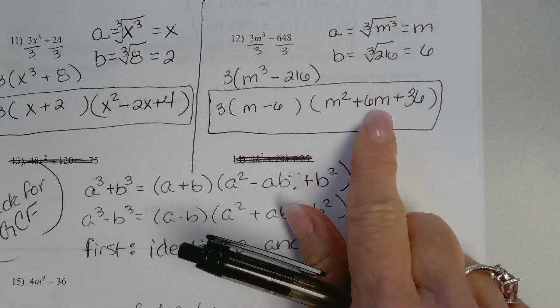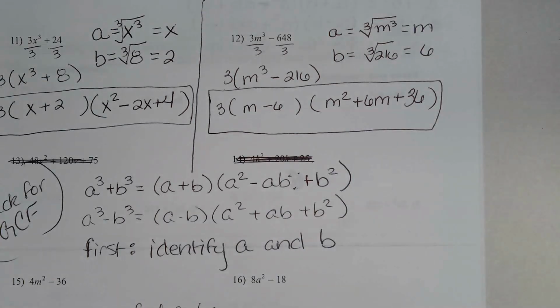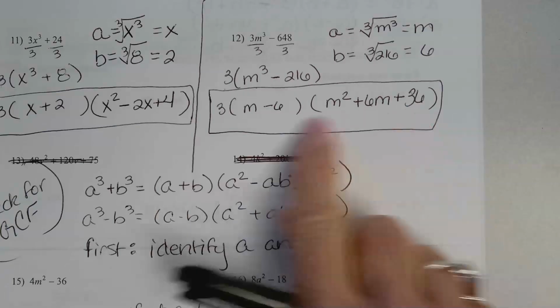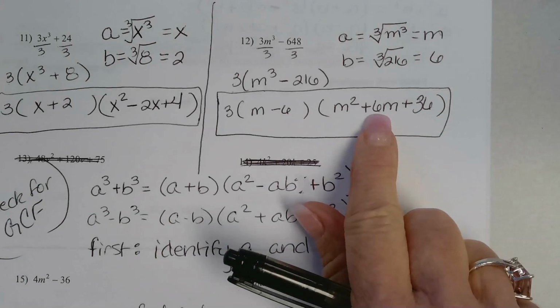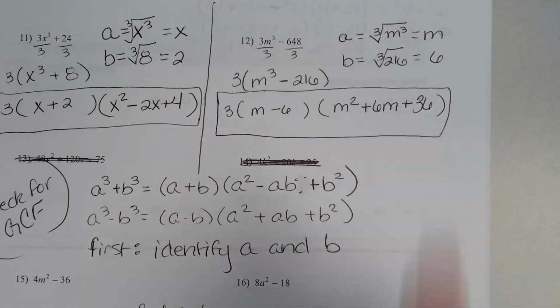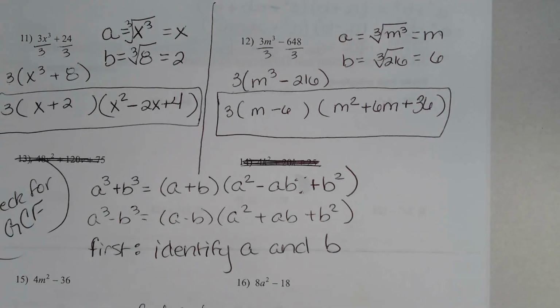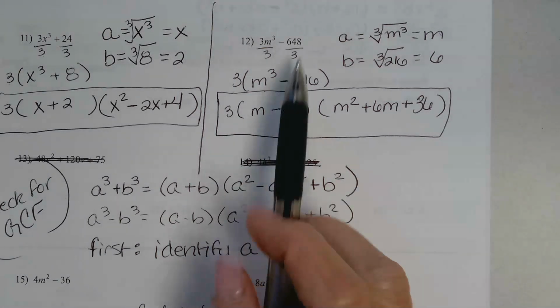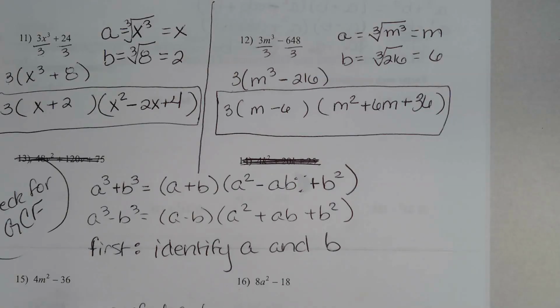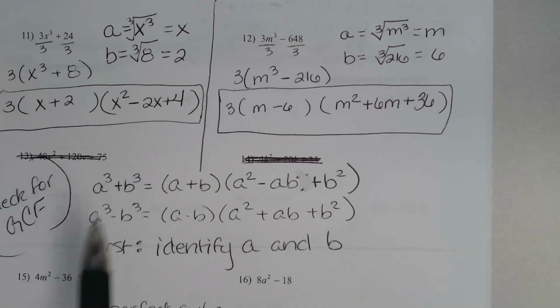Our 6m, our m value would end up canceling out because we multiply across here and we get a negative 36m and a positive 36m, and those are going to be canceled out. So what you have left is this expression right here, which is your 2 cubes. Okay? And that's it. You've got your addition and you've got your subtraction.